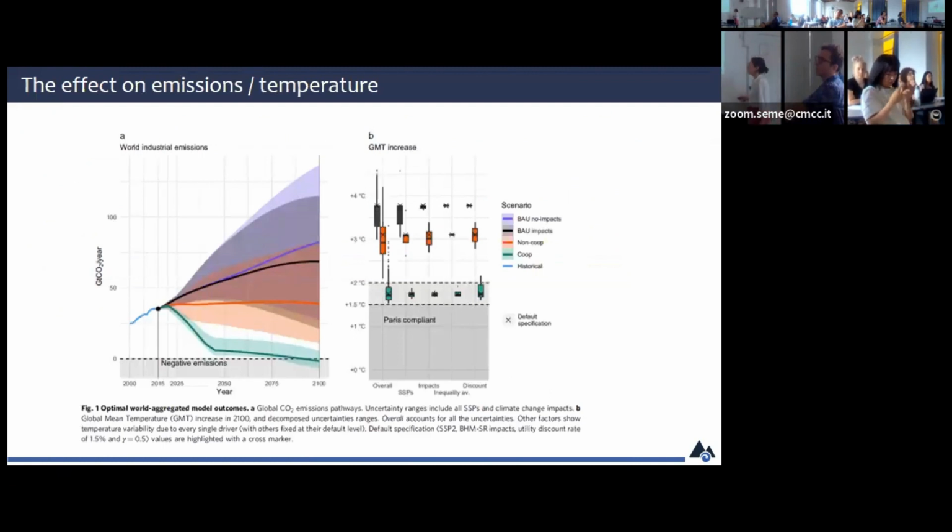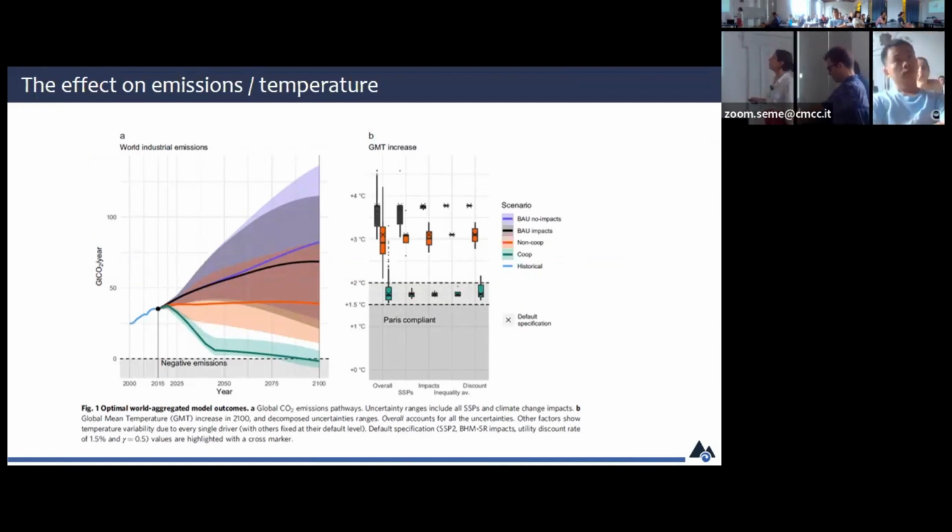And so what you see here are a few runs. The first run that I want to show you is the non-cooperative, which is this one run. Here you have all countries taking into account damages, but they can only optimize their own emissions, and they only take into account their own damages.